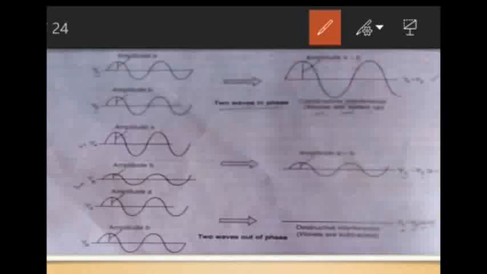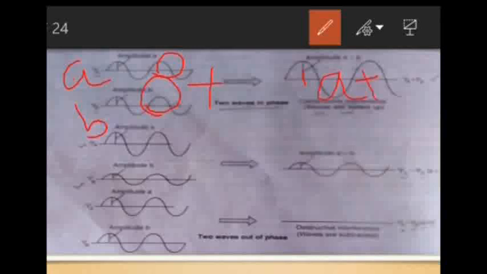If psi A is a wave, then its amplitude is A. If psi B is a wave, then its amplitude is B. If they are combined by the addition method, then their amplitude is increased to A plus B, and this is called constructive interference.